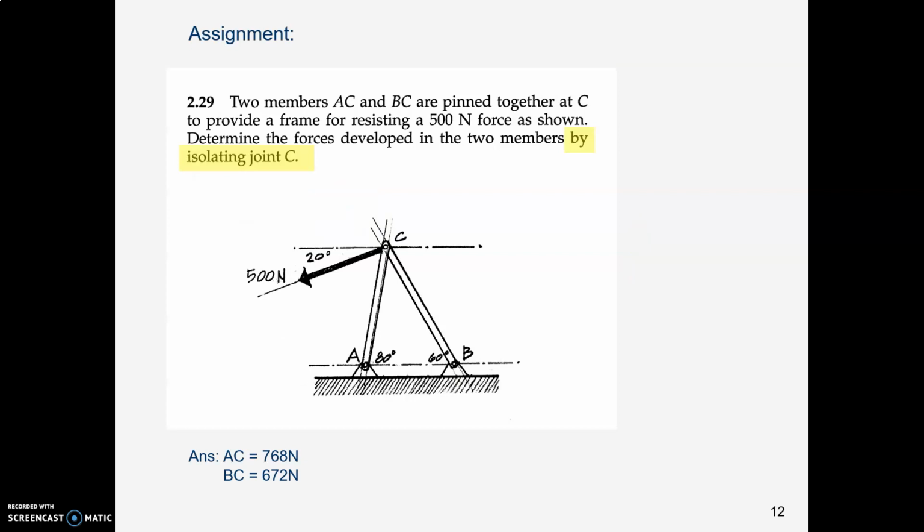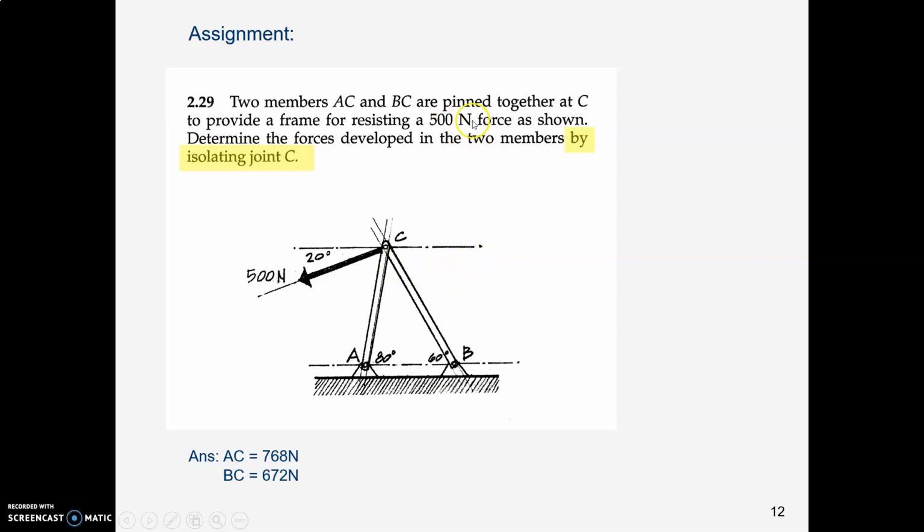And this goes with the first problem in our assignment, where he says you've got two bars pinned together here at C, and then there's a force pulling away there. Determine the forces in these two members by isolating joint C. All right, first of all, this is a metric problem.